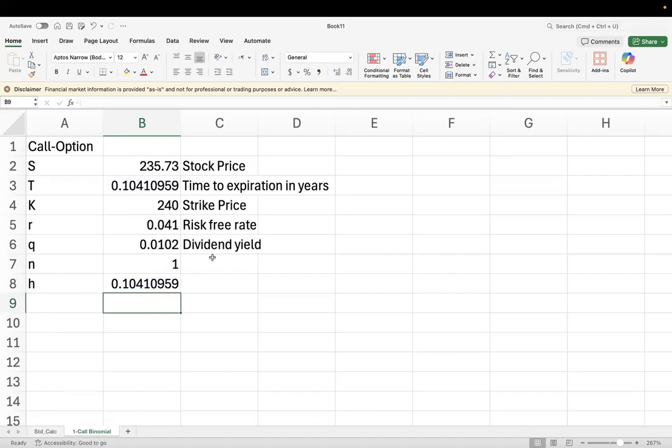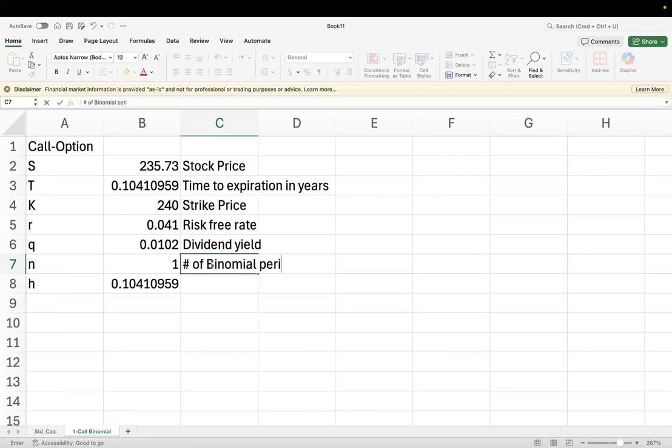What other information? So this is number of binomial periods. We're going to do 2 and 3 as well. And then H, time lag in years between periods.